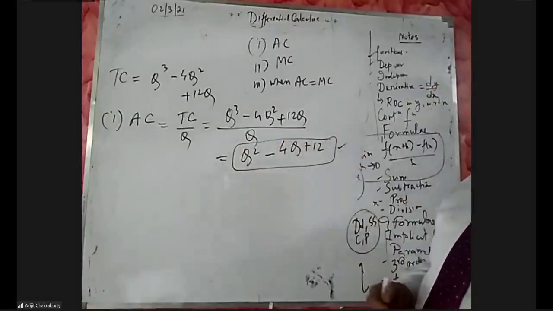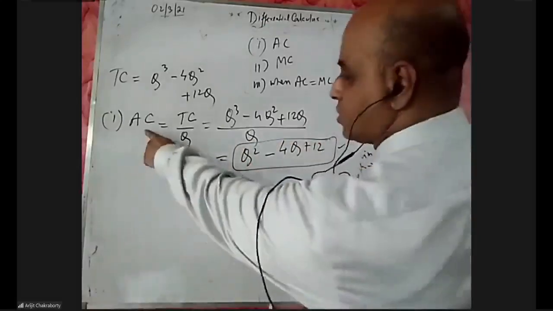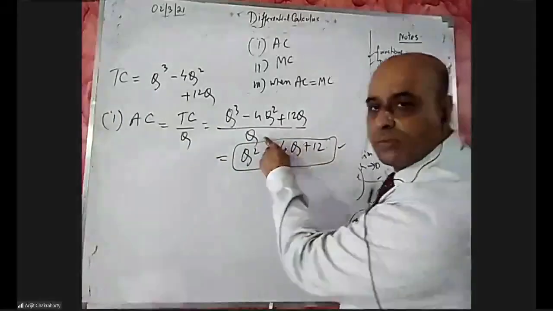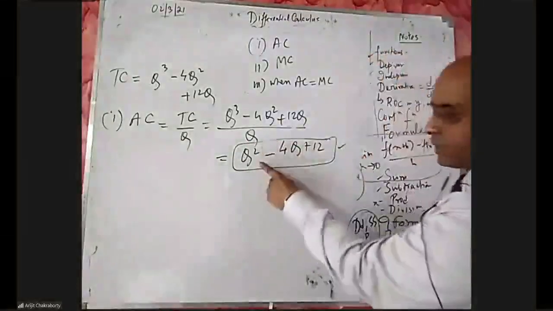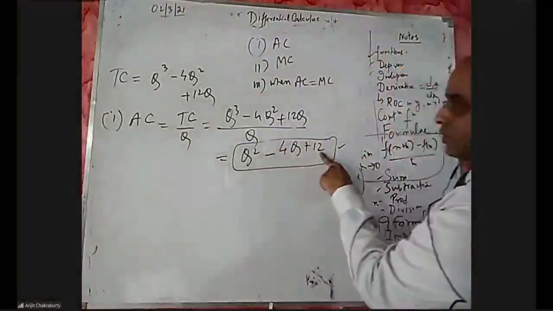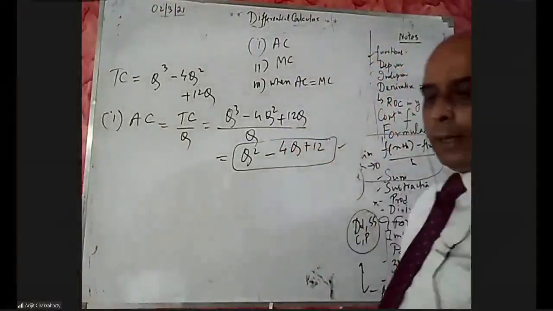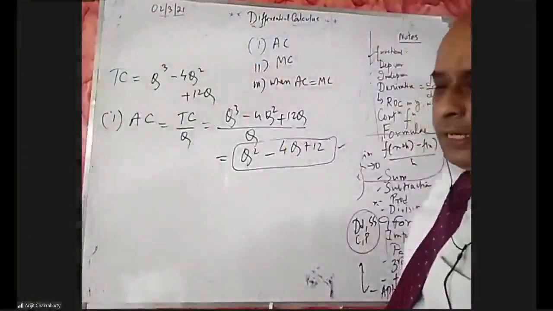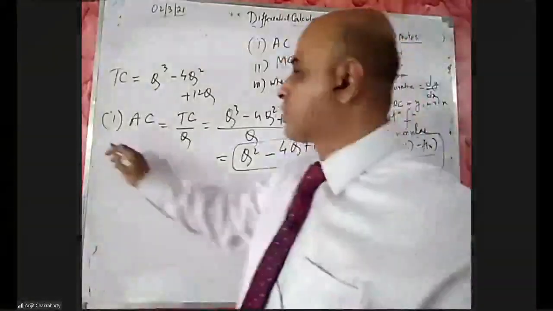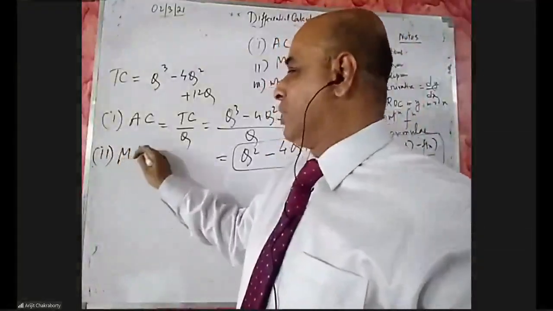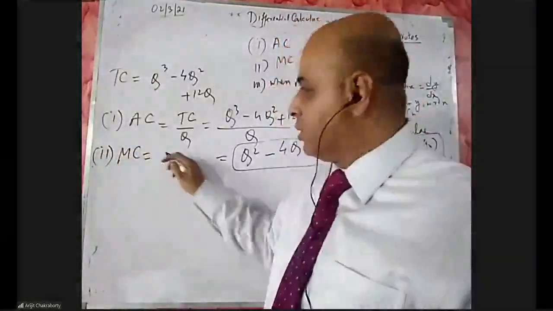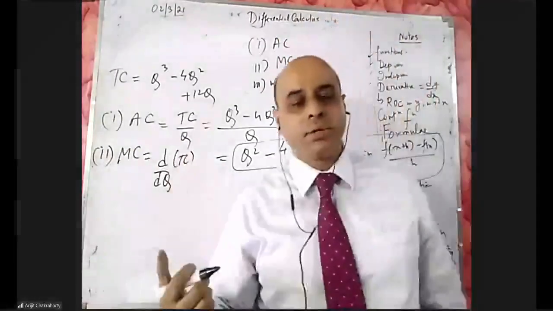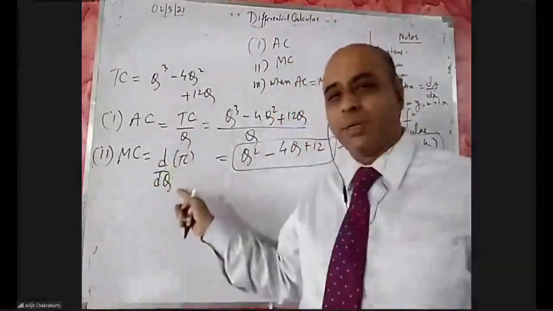This is the first part. This gives me the average cost. Please see, I have divided the total cost by the number of units, that is by the quantity, so that we get Q square minus 4Q plus 12. The second question is you have to find the marginal cost. We know that marginal cost is equal to d/dQ of total cost, the differential coefficient of the total cost with respect to the quantity.